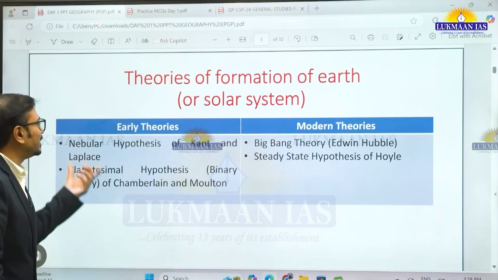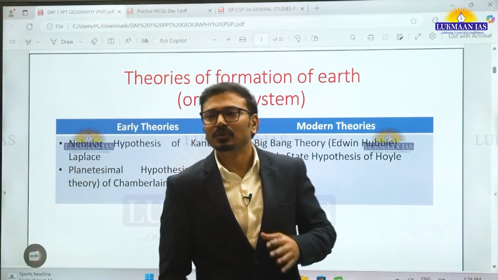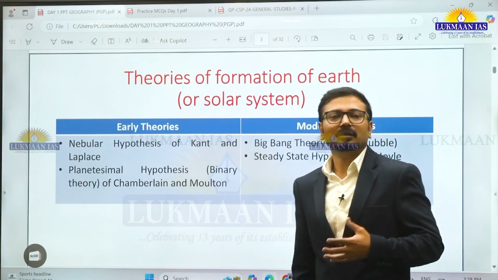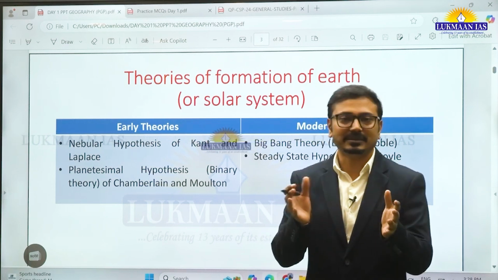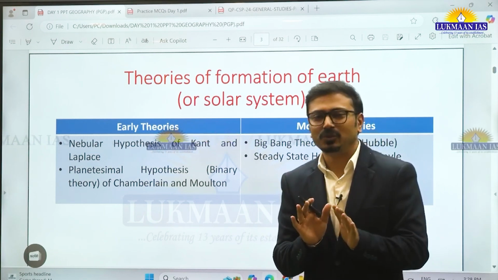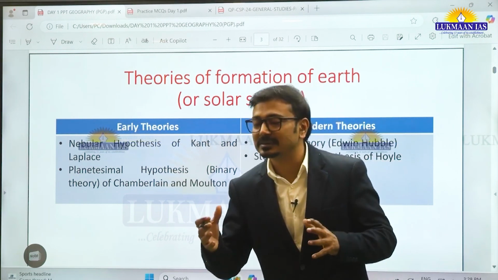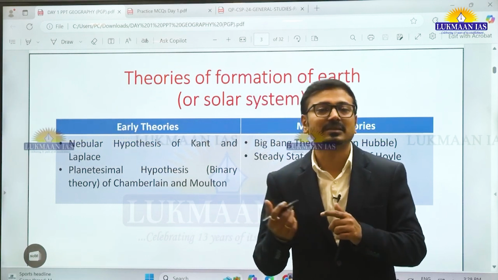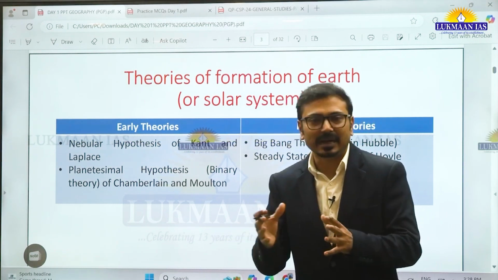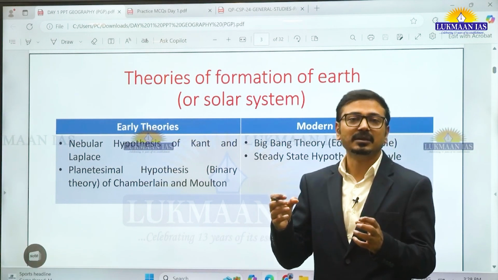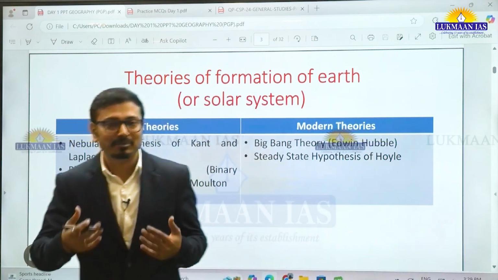The hypothesis of Kant and Laplace suggests that initially the universe formed from a clouded nebula made up of dust and gas. Initially it was slowly rotating, but over a period of time, due to unequal distribution of masses, it started moving faster. And because of accretion, which means larger masses attracting the smaller masses, that resulted in the formation of larger bodies at the center of that nebula.